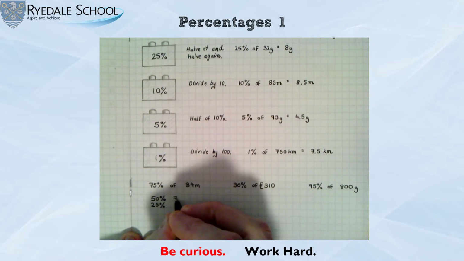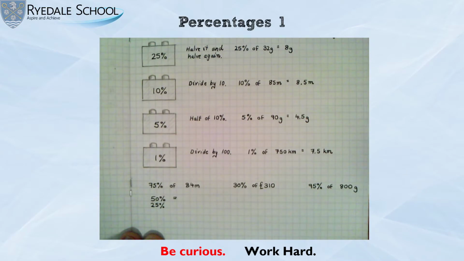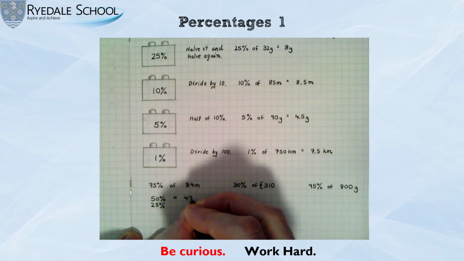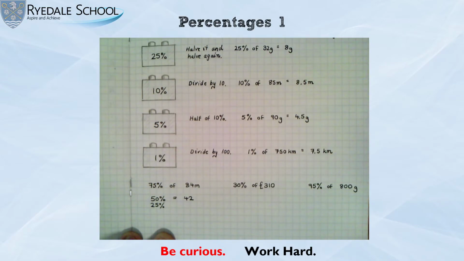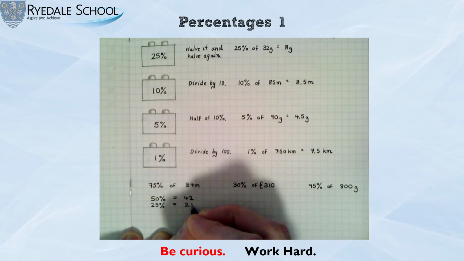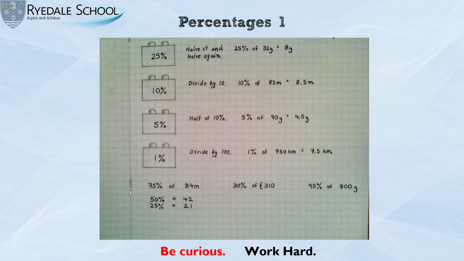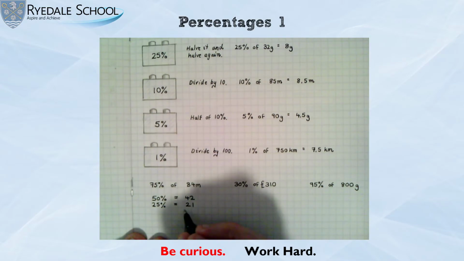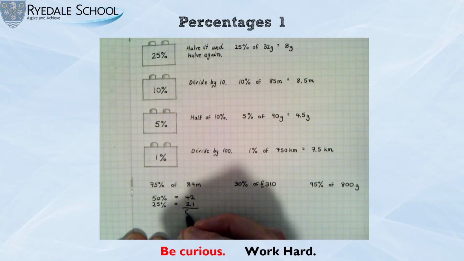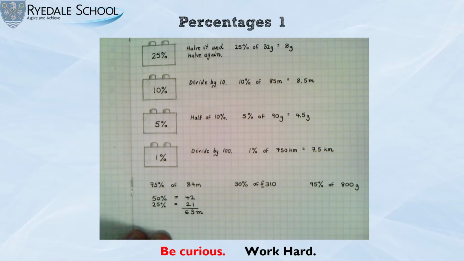So going back to my rule, 50% is half of your number, which is 42. If I want 25%, it is half of that number again, which is 21. So I know if I put these numbers back together, that would be the same as 75%. And if I add that together, that is 63 meters.